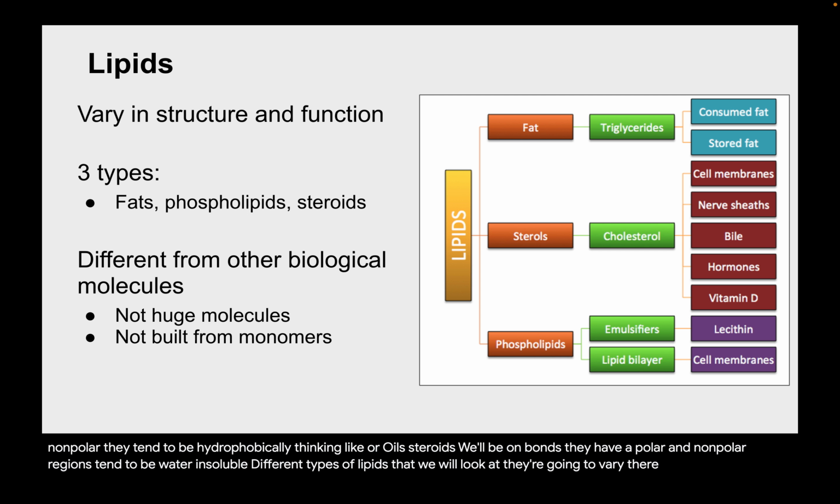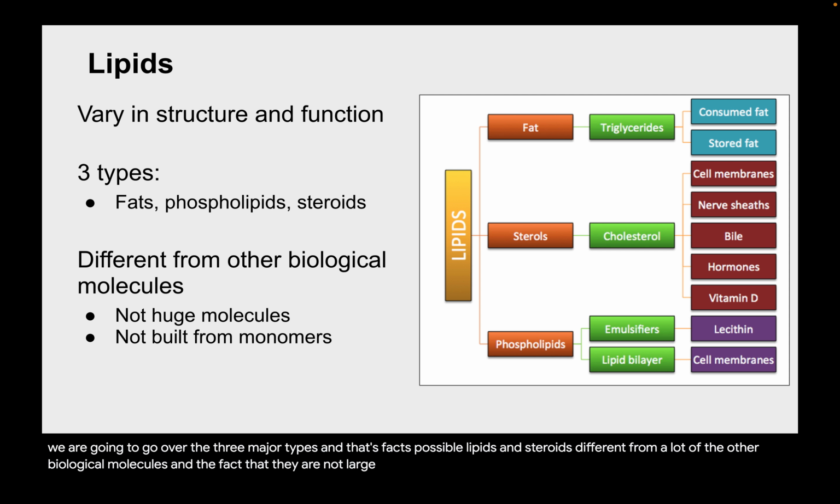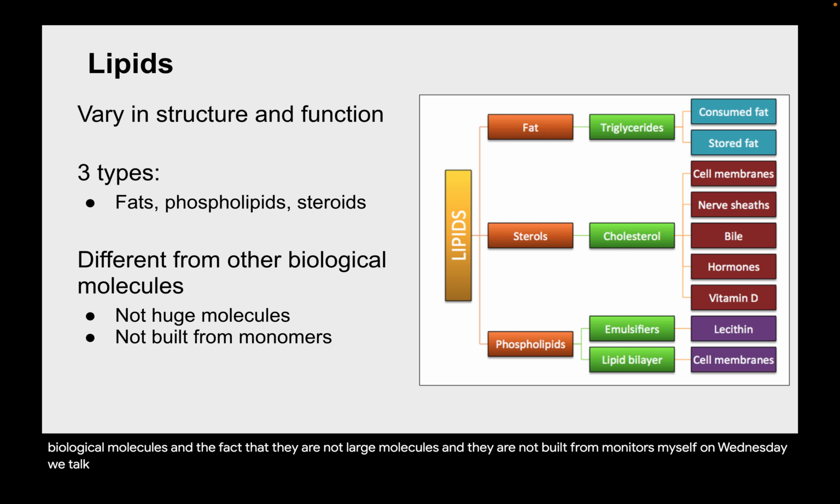There are 3 major types that we are going to go over, and that's fats, phospholipids, and steroids. Now lipids tend to be different from a lot of the other biological molecules in the fact that they are not large molecules and they are not built from monomers. So on Wednesday, we talked about carbohydrates. They're built from monosaccharide monomers.